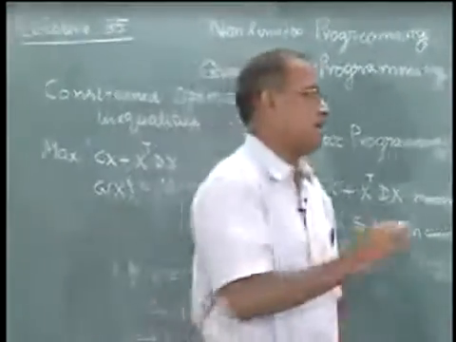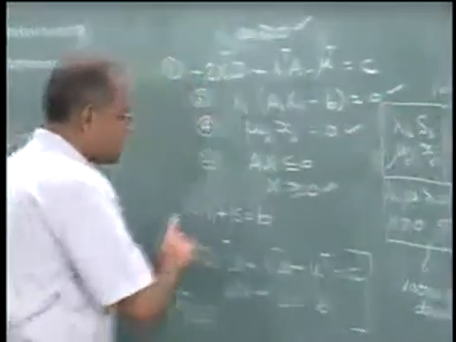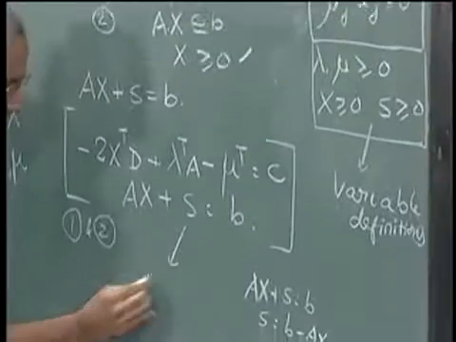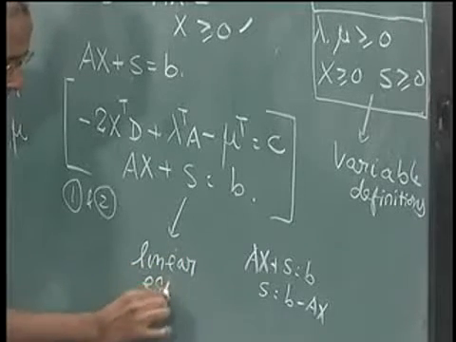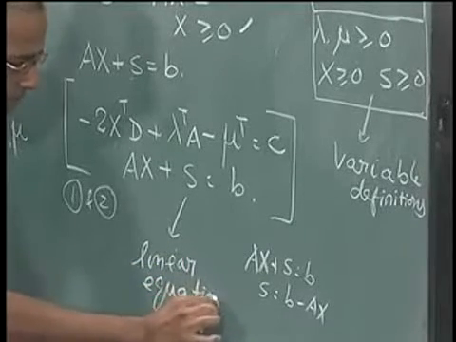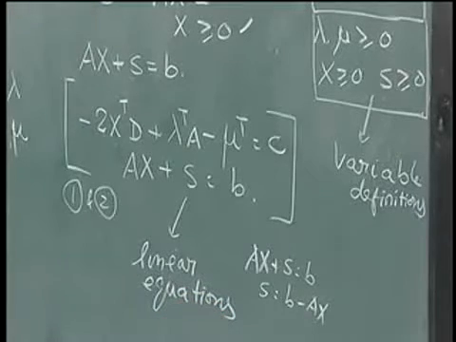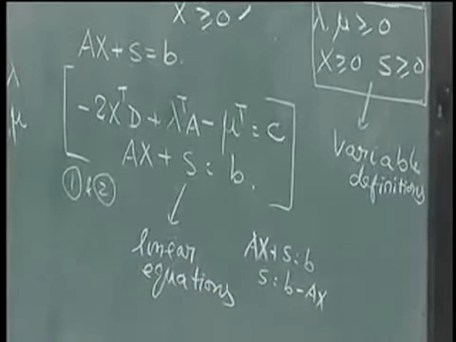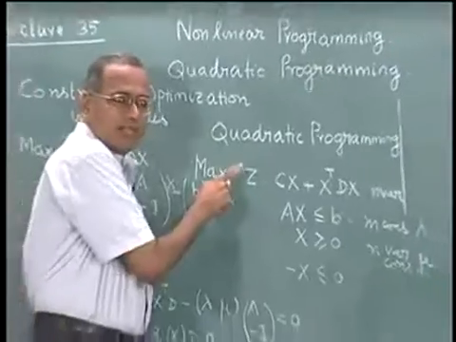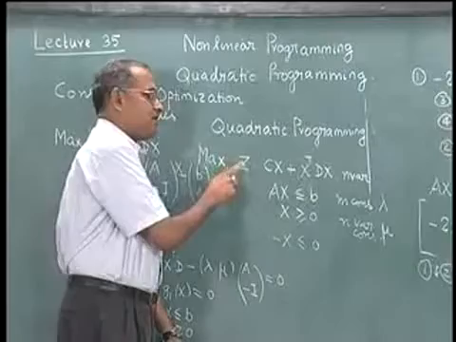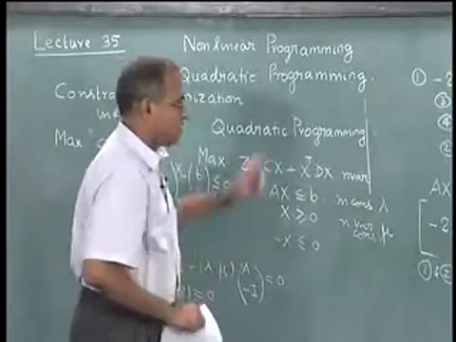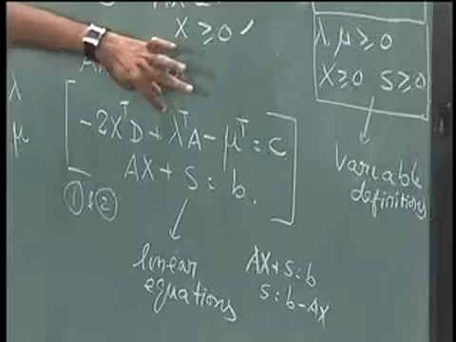So the Kuntucker conditions reduce to solving these three sets. And we also said that this is like a product form. This interestingly is a set of linear equations, because from the given problem, z is the only one that is quadratic. Therefore, the partial derivative of z with respect to x will give us a linear set of equations which are here.